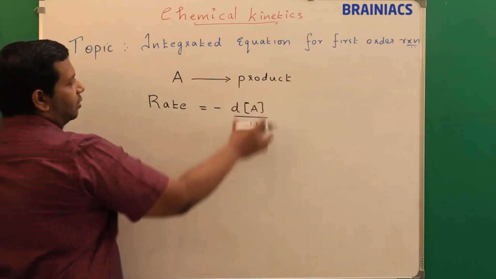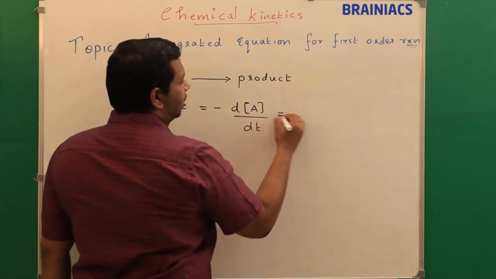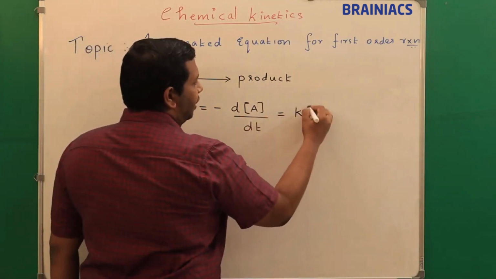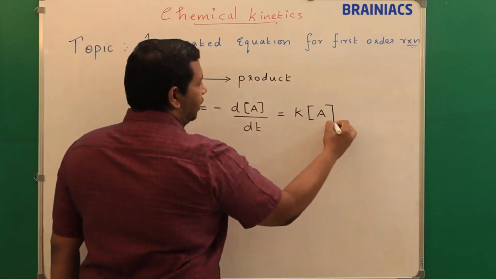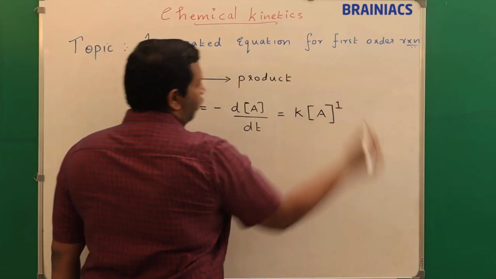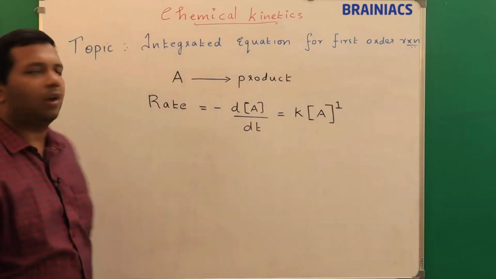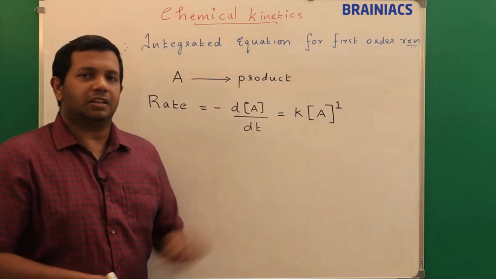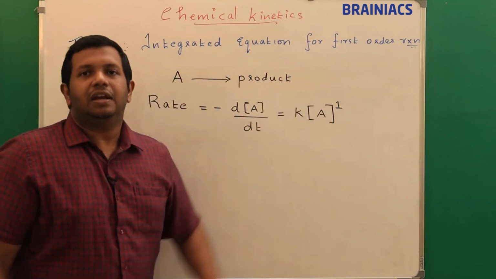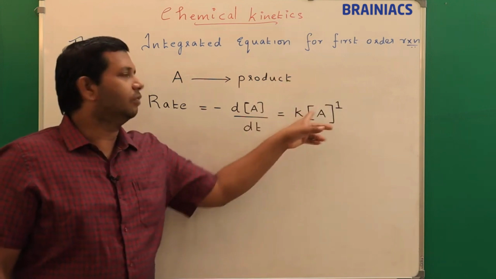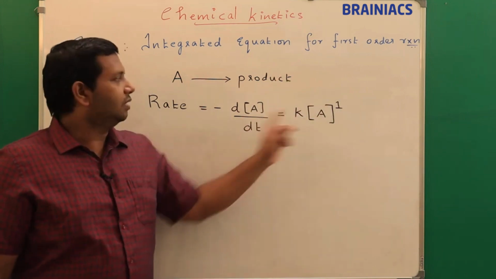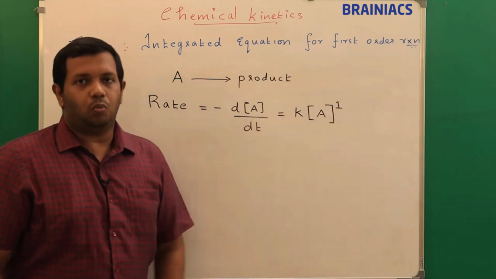Now we know that this rate is equal to the rate constant into the concentration of A, raised to the power 1. We don't mention the 1 here because normally if nothing is mentioned it is 1. In zeroth order we kept it as 0 so that the whole term becomes 1. Since it is first order, I am keeping it as 1.